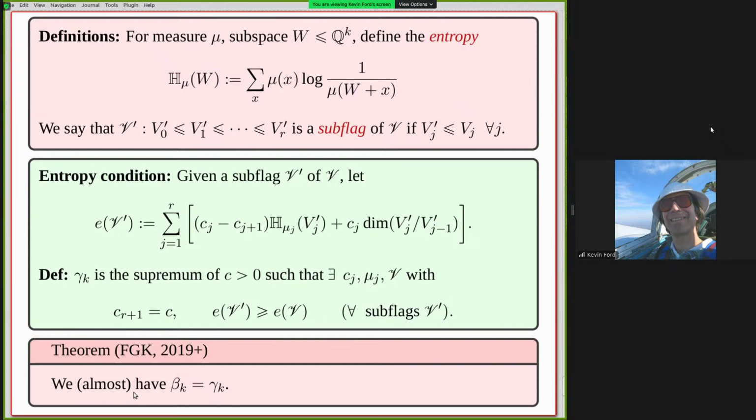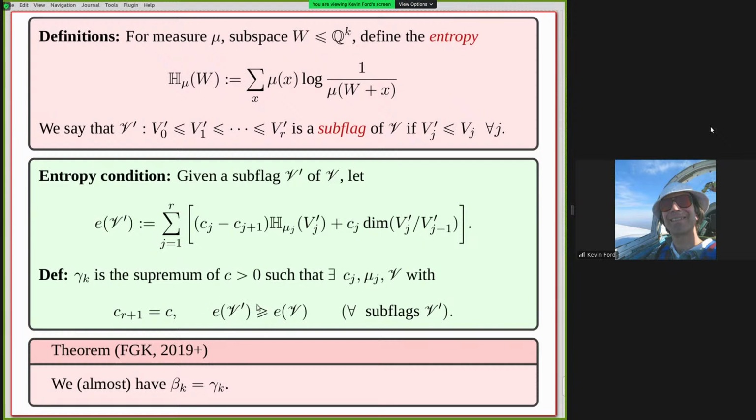Then, I'm skipping over some technical things here, we almost have that beta k is equal to gamma k. That's one of the main results of the paper. Our upper bound was fine: we have beta k less than or equal to gamma k. That's good. But for the lower bound, we need something called gamma k tilde, which requires strict inequality for all proper subflags.